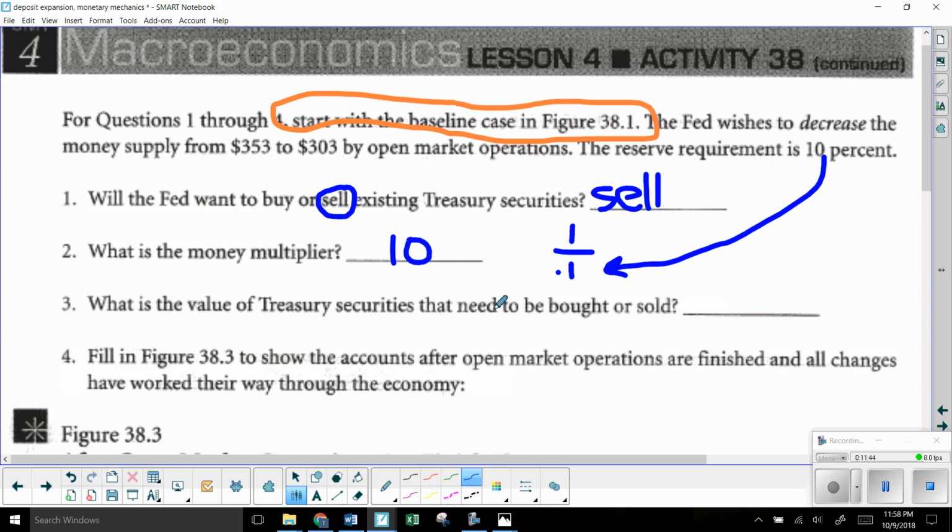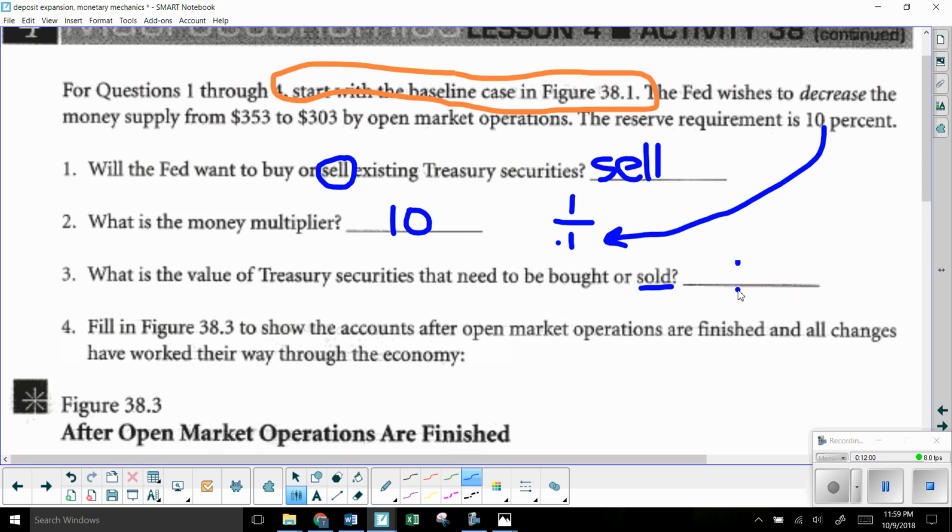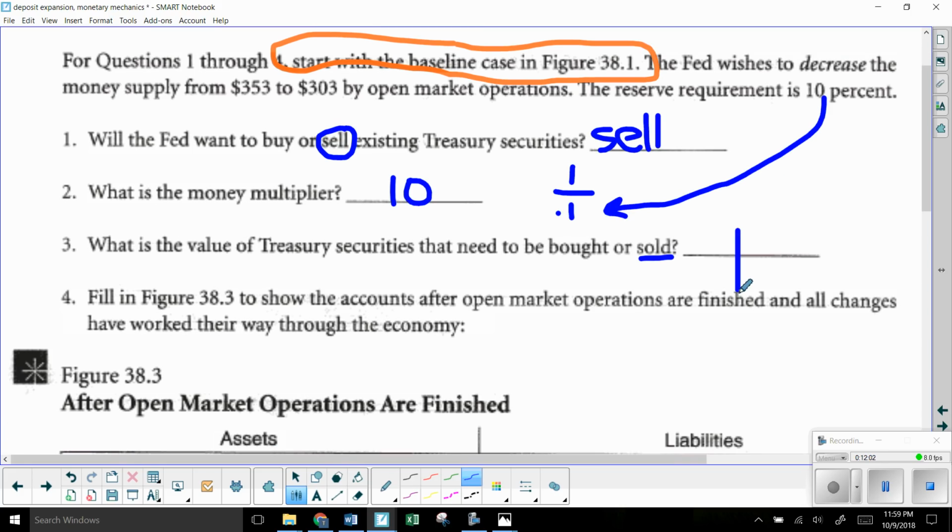What is the value of treasuries that need to be bought or sold? Well, we know it's sold, and we know that whatever we do is going to be magnified by a factor of 10. So 10 times the bonds we sell equals $50 of decrease. Sounds to me like we need to, oh goodness, we need to use the eraser here a little bit.